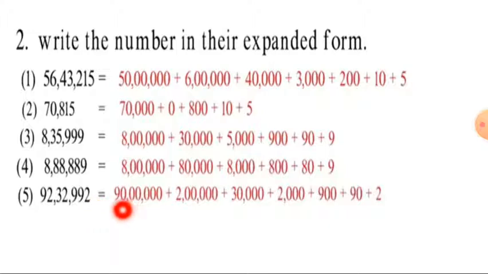So now we will do the expanded form. 90 lakh plus 2 lakh plus 30,000 plus 2,000 plus 900 plus 90 plus 2. So this is the way you have to write the expanded form of the given number. I hope, students, you have understood this topic very well. Now moving to our next question.